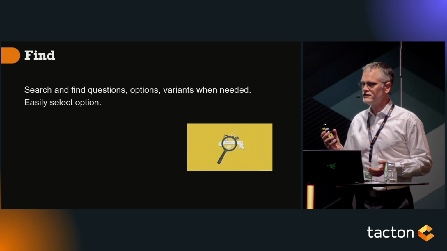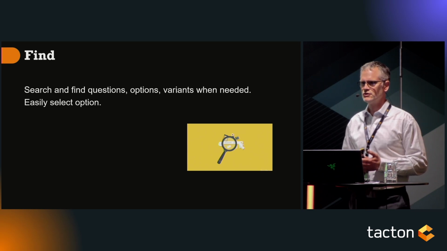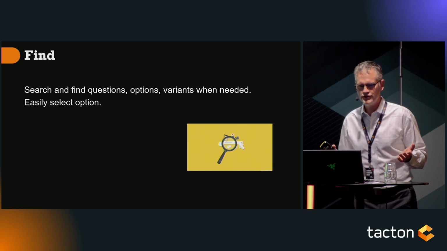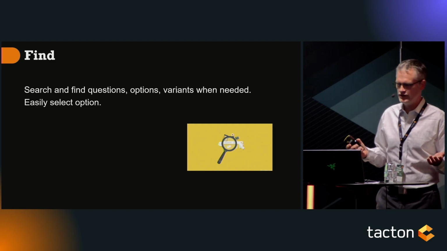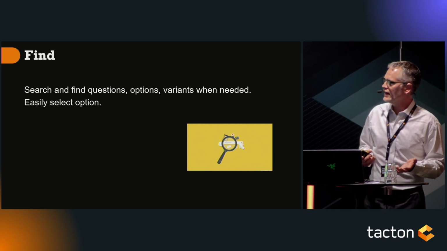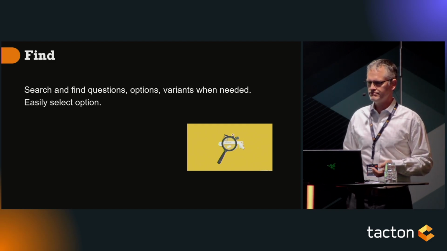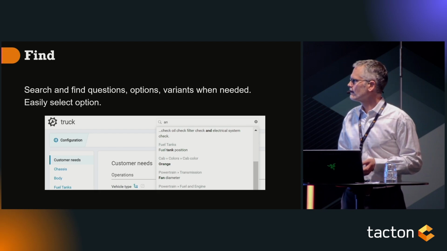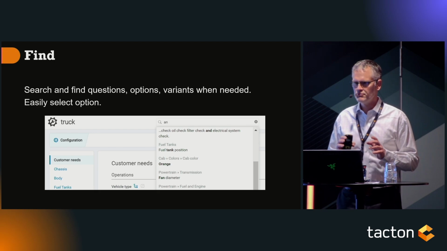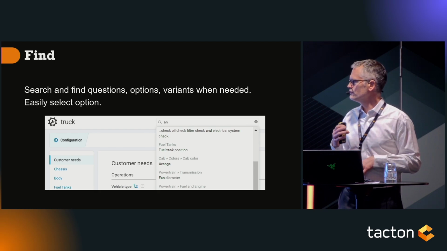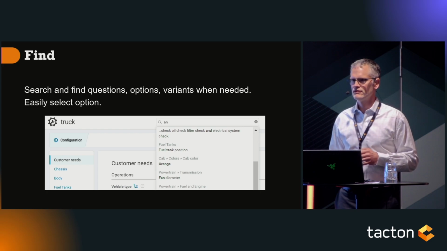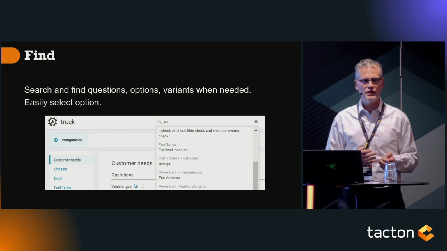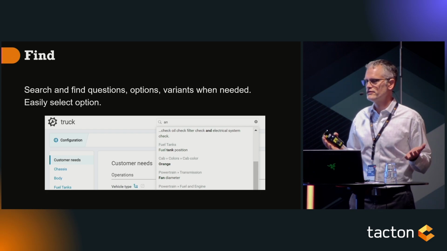So we added a find function. So we all use find functions in nearly every program, so it's a given. Now we have it in Tacton as well, in the configurator. You can just type what you're looking for. You get help finding where it is. You navigate to the place, and you can make the selection that the customer wants.